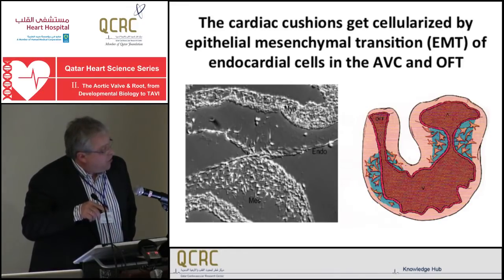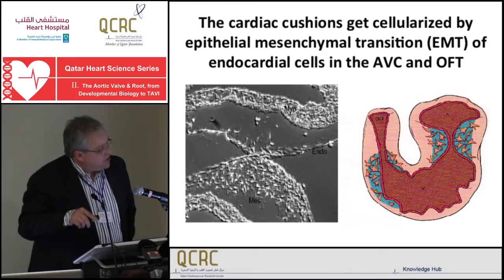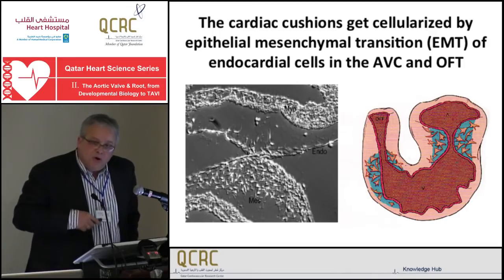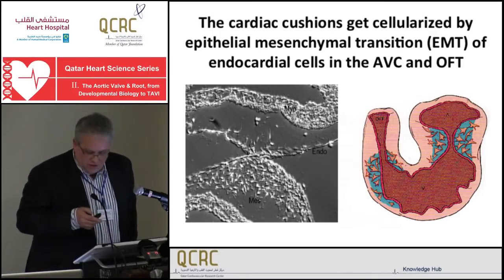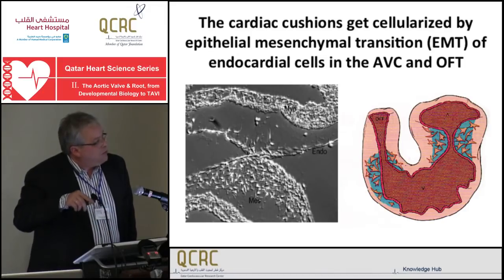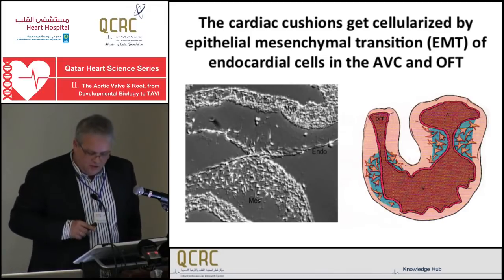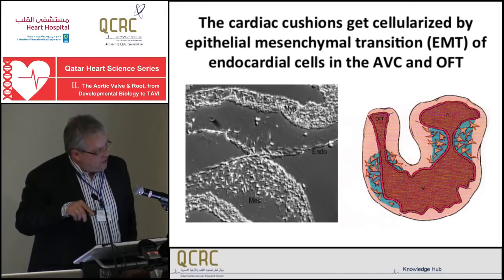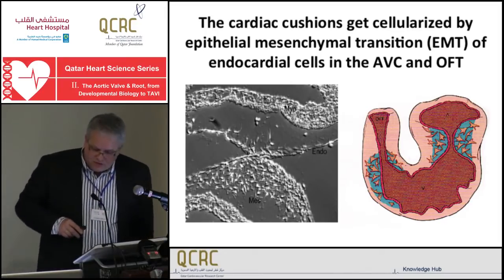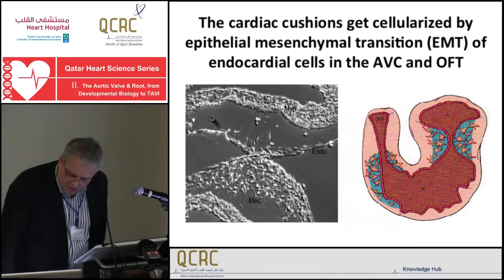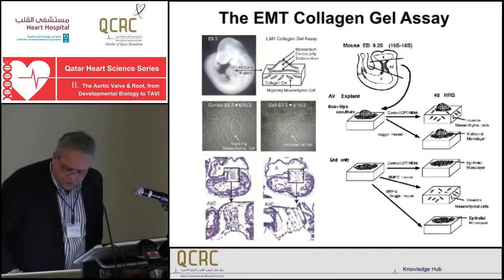This process is called the epithelial mesenchymal transition, or EMT, a process that happens in many different parts of the embryo, but it's quite prominent in the valve area. It happens both in the AV canal as well as here in the outflow tract. So in both cases, an EMT process occurs.